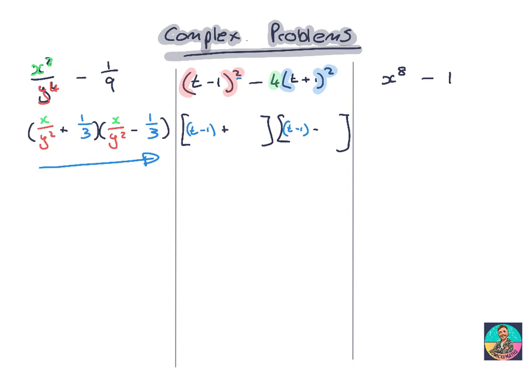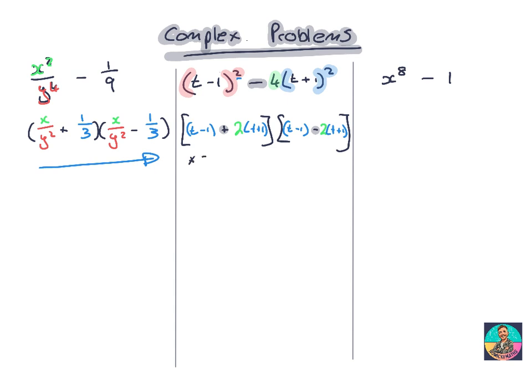So that's why I have those 2 things. Now I've got the 2. So the 2 comes from the 4, square rooting it. And then I've got the other t plus 1 and a t plus 1. Now, that's my factorizing done.